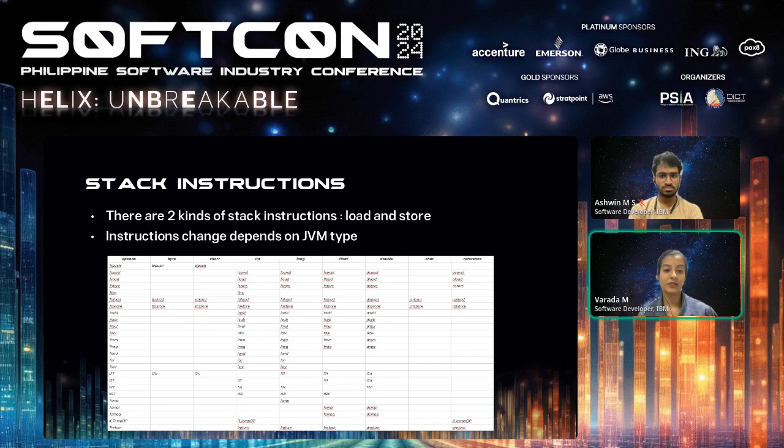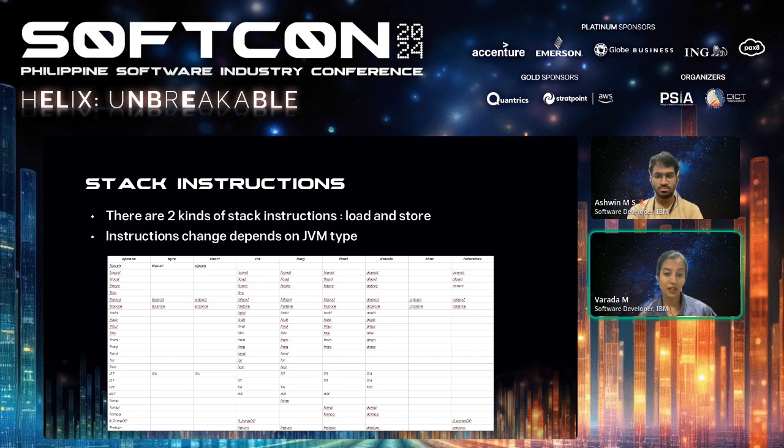Moving on, we have stack instructions. There are two kinds of instruction, load and store. Basically, it's read and write operations, and the instructions change depending on the JVM type. If it's an object or a reference, then the prefix will be a. On the JVM, we know how many primitive data types there are. Sorry, 8 primitive data types and one object or reference, right? For the object, the prefix will be a.